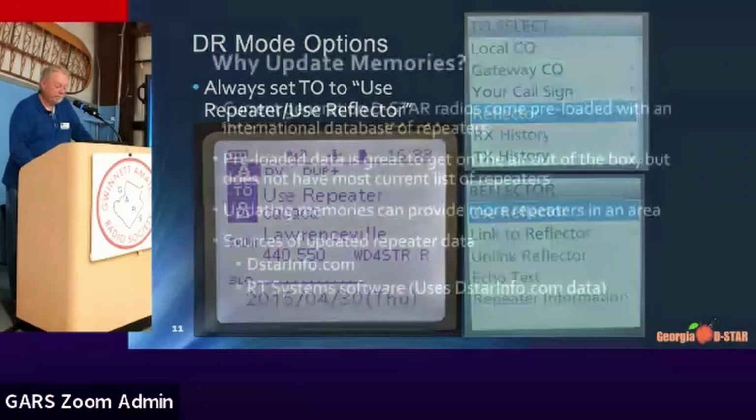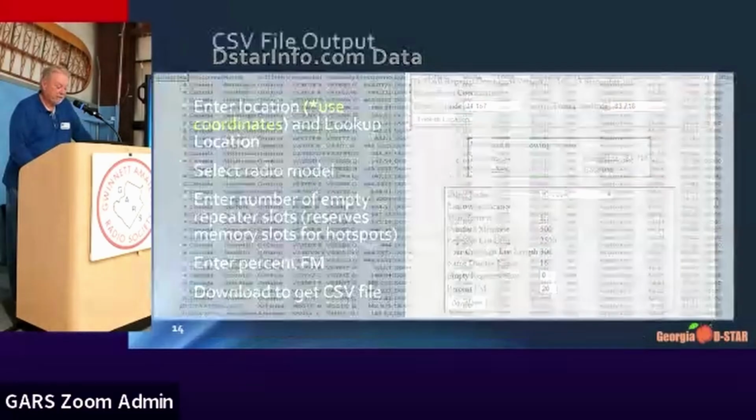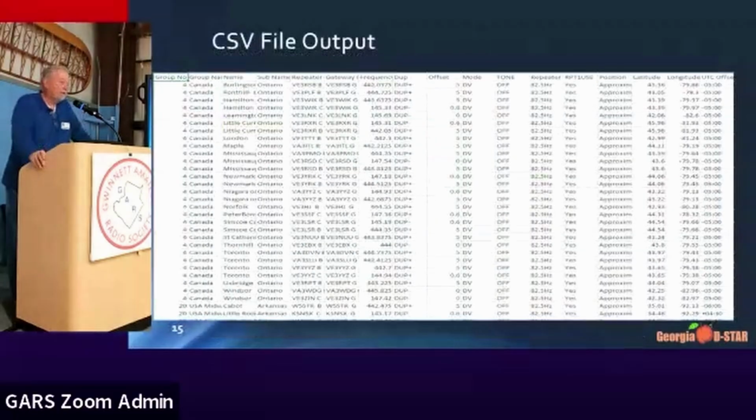Any other questions? All right, we covered that. I talked about updating the memories. If I'm going to D-Star Info, I put in all that information: what radio I have, what percent FM, what my coordinates are. This is the output. It's a CSV file, and I can read that in Excel or whatever.